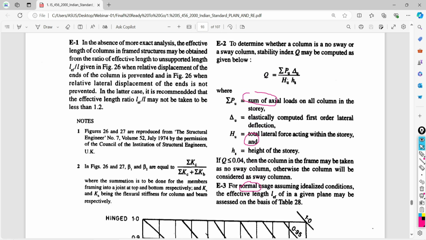See, for normal usage, assuming the idealized conditions as both ends fixed, both ends hinged, one end fixed, one end hinged, the effective length in a given plane may be assessed on the basis of Table 28.